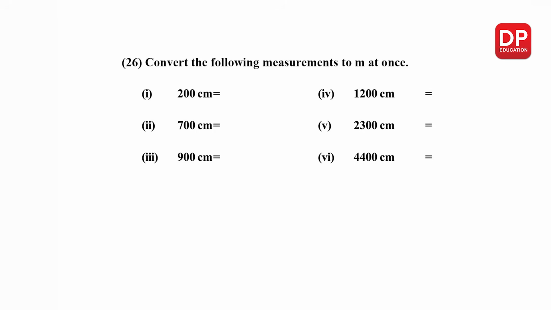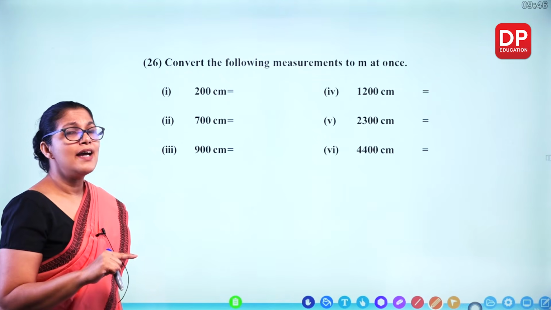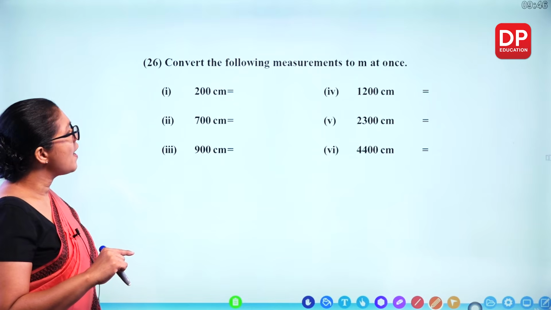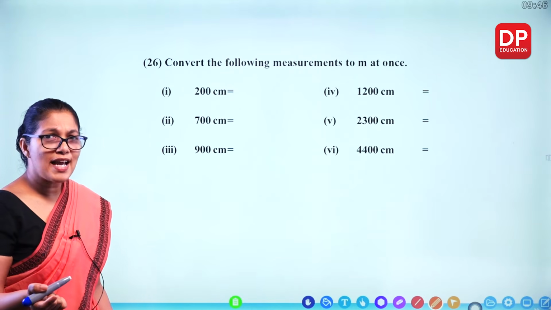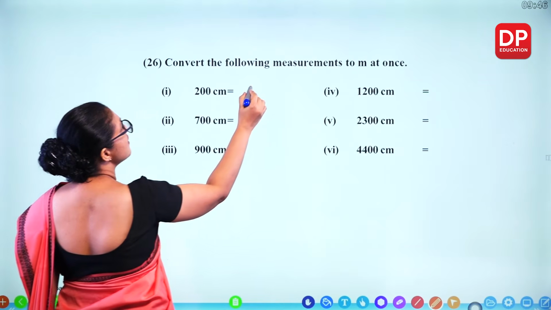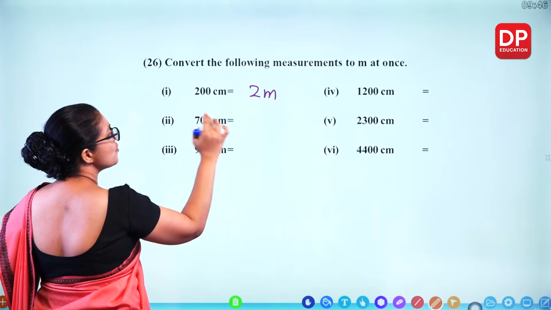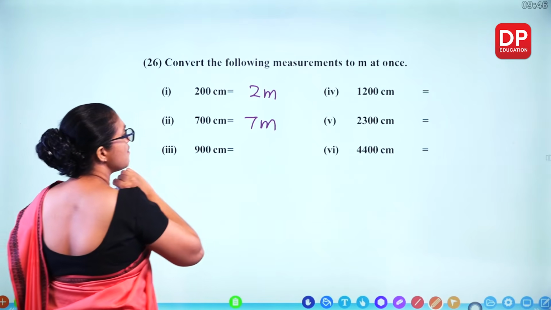Convert the following measurements to meters at once. So what's the conversion? You have to divide this by 100. When you divide this by 100, 2 zeros get cancelled out. So when you divide by 100, this becomes 2 meters. Cancel out the 2 zeros, 7 meters.